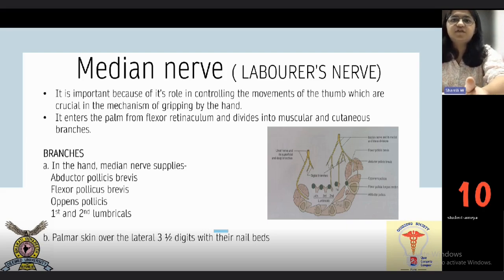In the hand, the median nerve supplies abductor pollicis brevis, flexor pollicis brevis, opponens pollicis, and first and second lumbricals, and the palmar skin over the lateral 3.5 digits with the nail beds. We can see in the diagram how it supplies the muscles here.